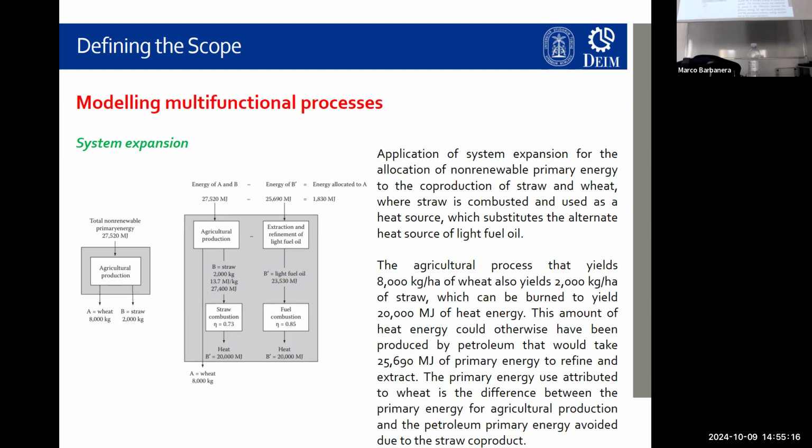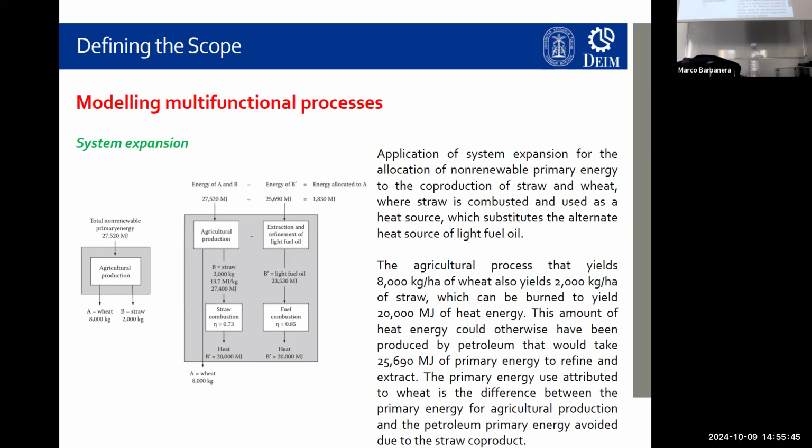In this way, we can calculate the percentage according to the economic value, and then this percentage is used to divide the previous environmental impact, the 10 kilograms of CO2 equivalent, in order to divide the impact between the main product and the byproduct.